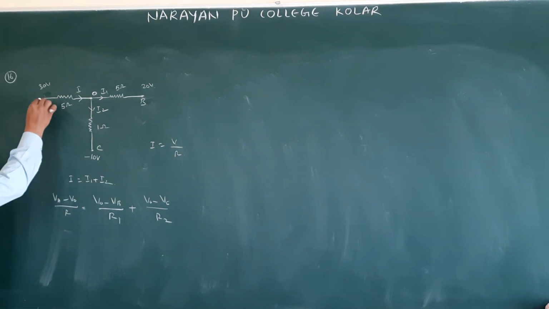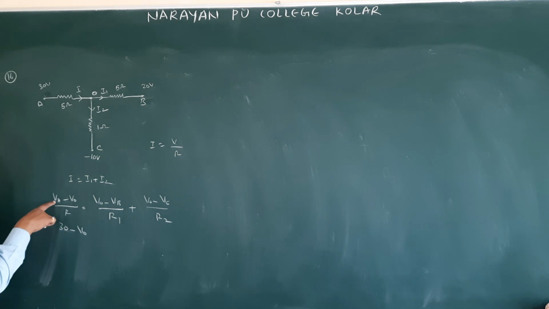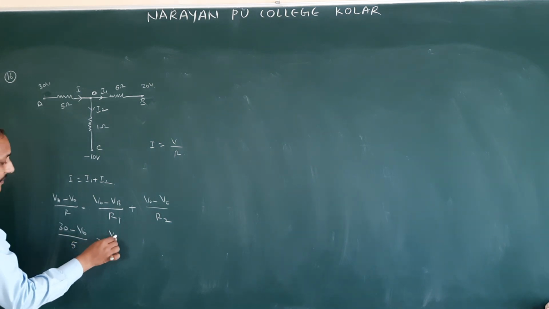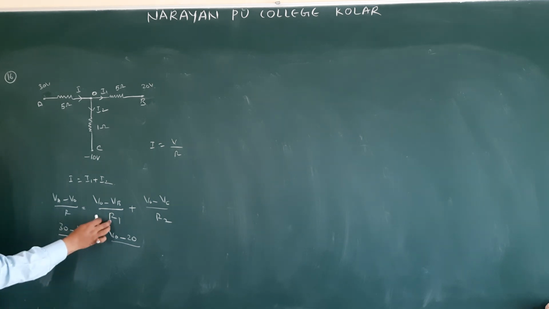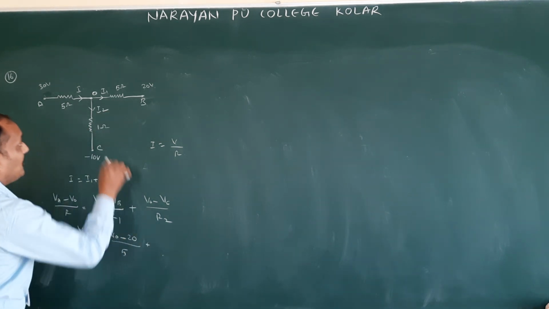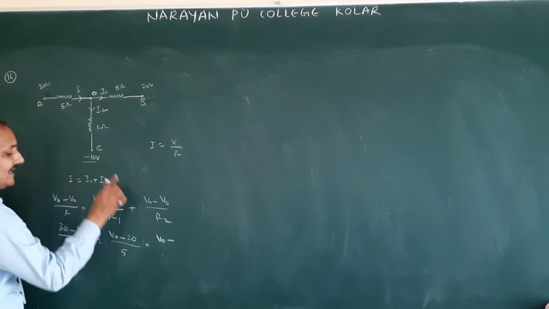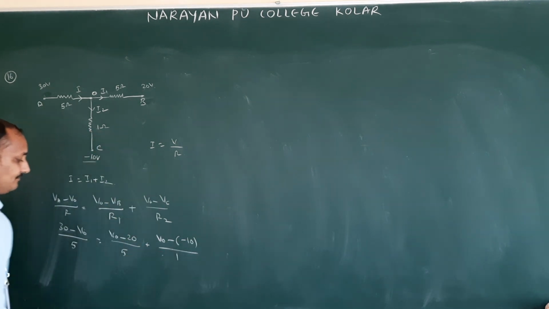Potential VA is 30, so 30 minus V0. We have to find V0; the remaining values we know. Substituting: 30 minus V0 by 5 equals V0 minus 20 by 5 plus V0 minus VC, which is V0 minus (minus 10), divided by 1.